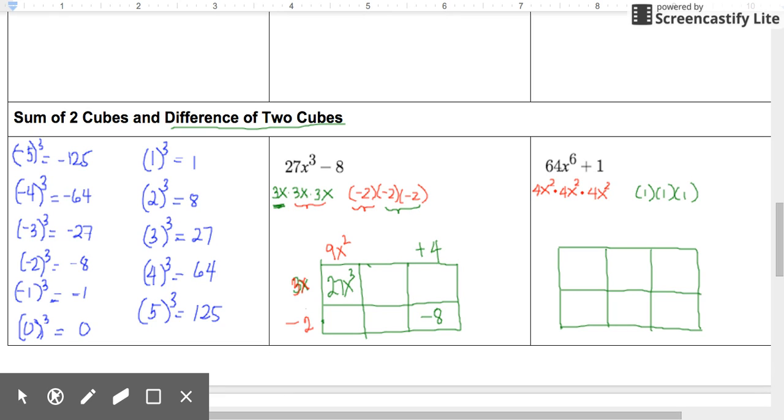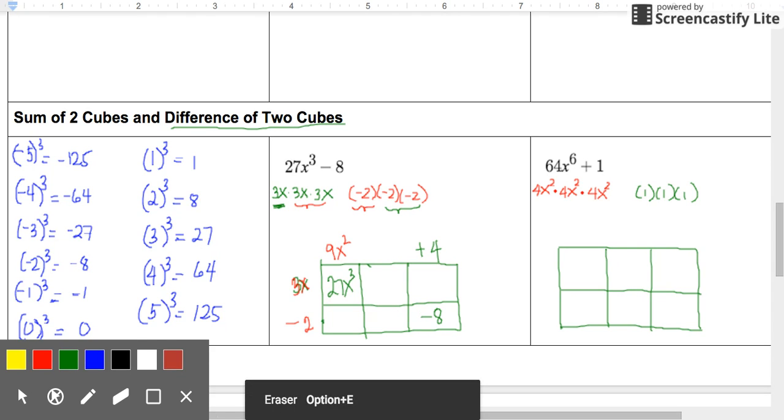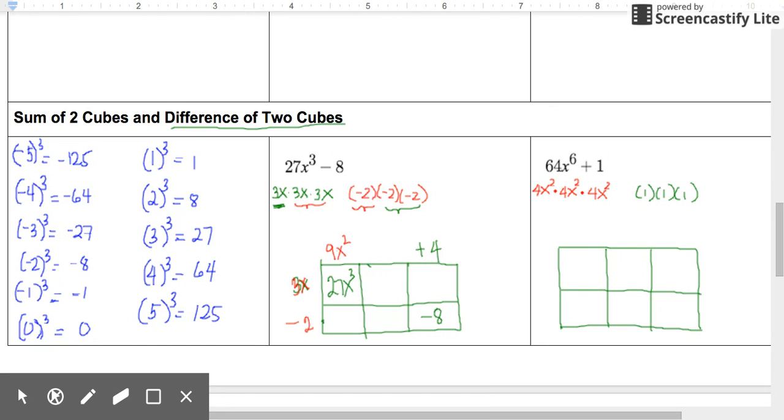All right, so we already have the width and the length of the rectangle, but the length is missing something. So we just need to fill out the spaces in the rectangle. First we multiply 9x squared by negative 2, and we get negative 18x squared.